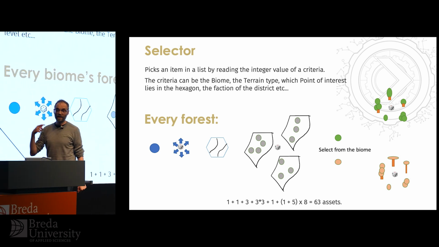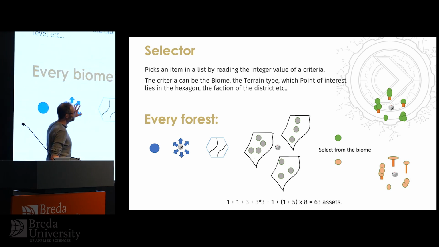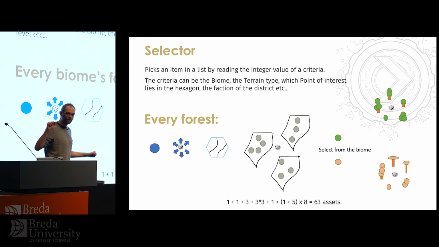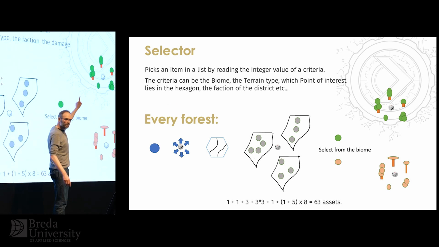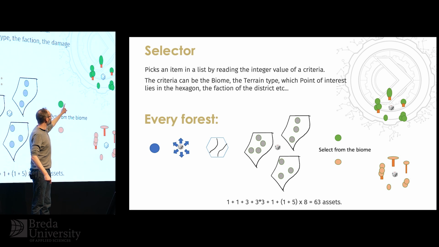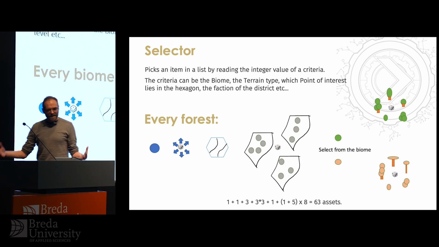So we save more than half of the objects needed. And also, the first part is kind of abstract for artists, so you save it for them. You hide it. They just have to care about, okay, make 1 random forest, 1 random trees. So it's easier for them.